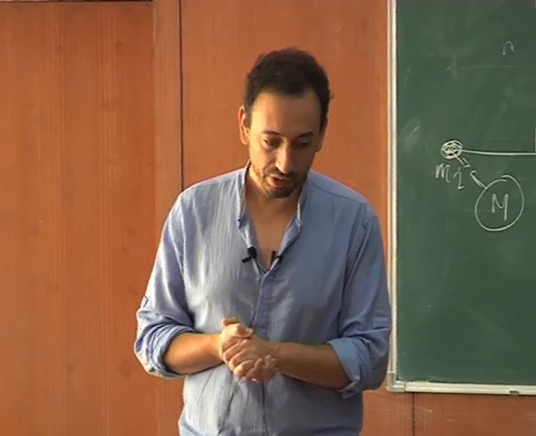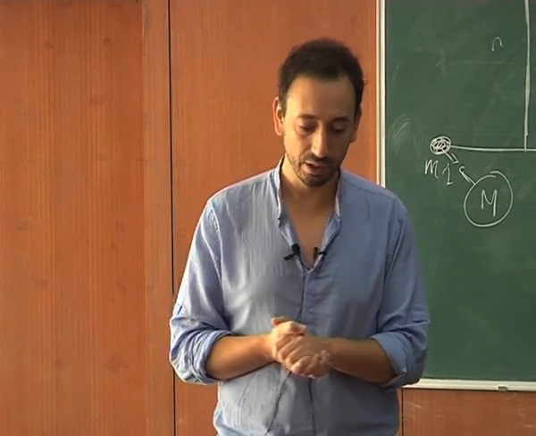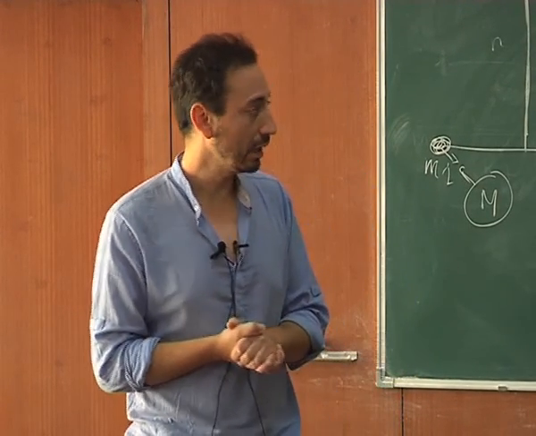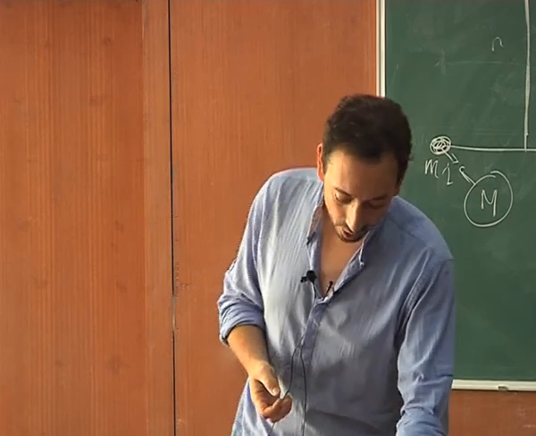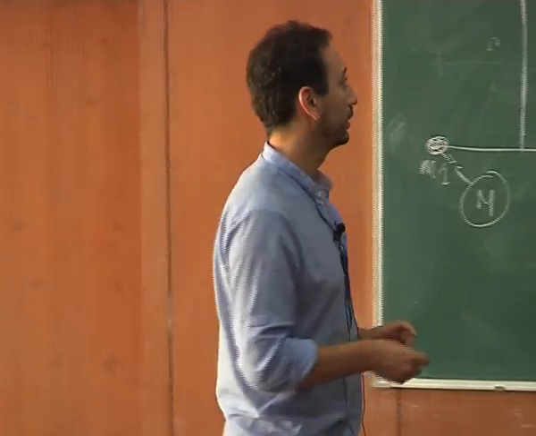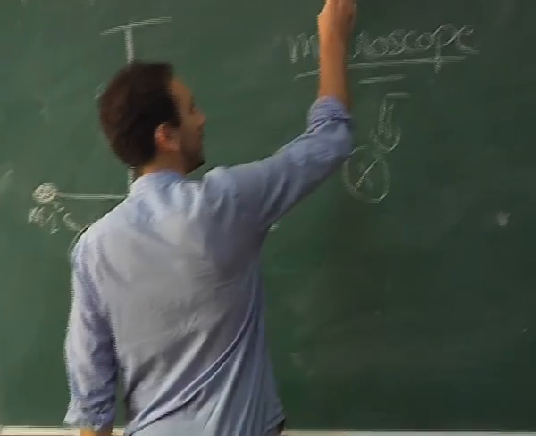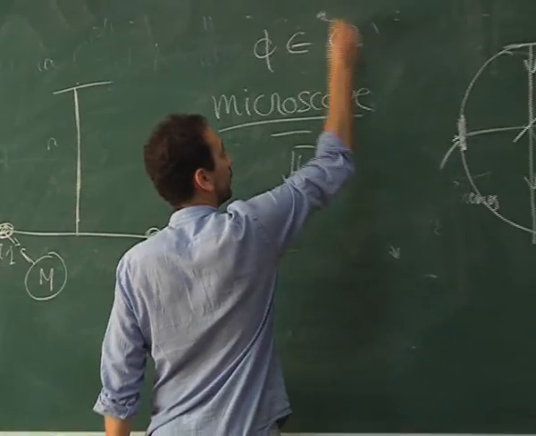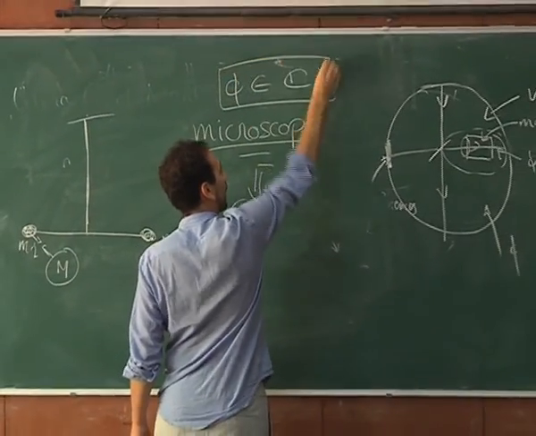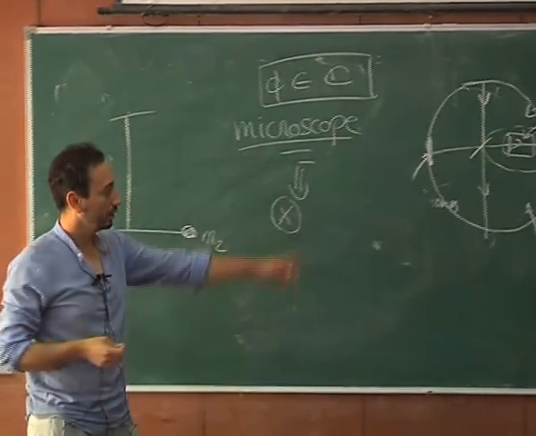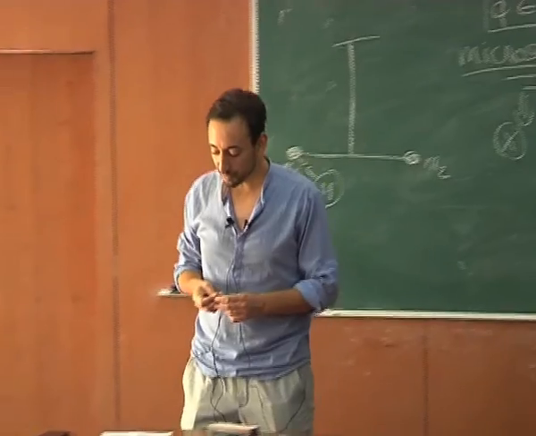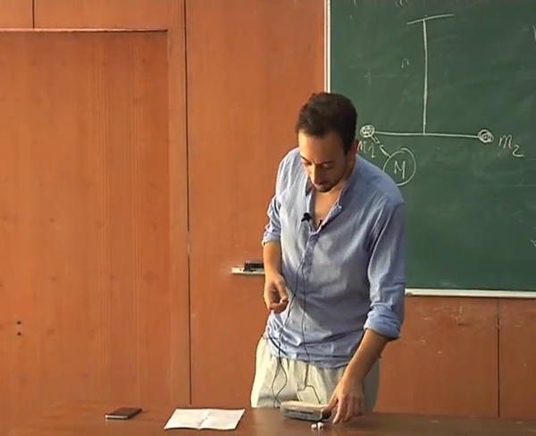One thing that people have become a lot interested in is not adding a real scalar field, but adding a complex scalar field. And that gives something quite interesting, actually, for black holes.